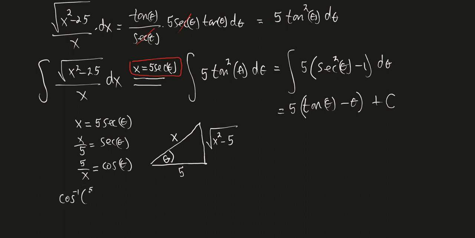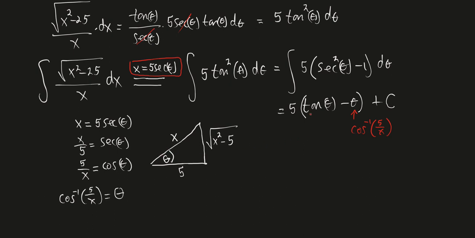So arc cosine of 5 over x is equal to theta. Right? So that can go here, right? In fact, I'm going to write it right below. So this theta will be replaced with arc cosine of 5 over x.